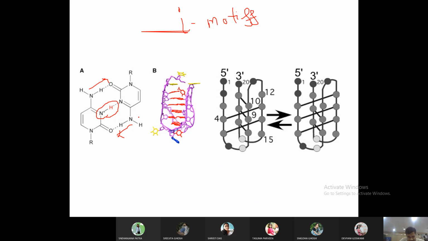In between there are two nitrogens, and periodically one of them becomes protonated. One hydrogen gets attached to it. This nitrogen is positively charged, so it will pull the electron from this hydrogen, which will become delta positive. And the other nitrogen has a lone pair of electrons, so it will be delta negative. So one more hydrogen bond will form, and this will flip-flop.